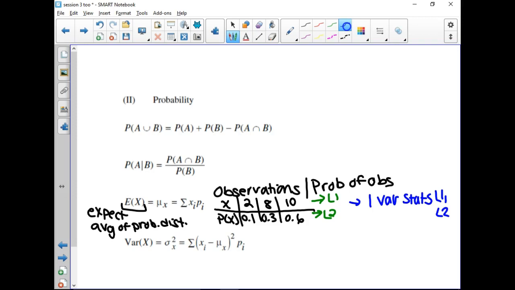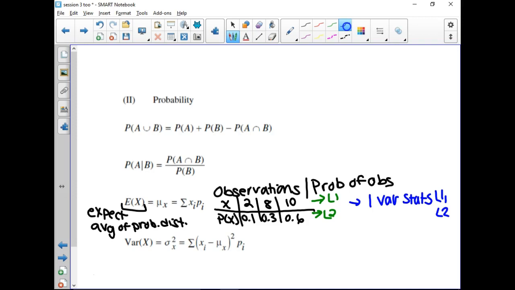Let's see what you guys have here. Go to calculate one variable stats, hit enter on one. So list would be L1, and frequency list you want L2. And the big thing is you want to clear that out after you do it, because you don't want to keep it on L2, or when you're doing one variable stats, it might keep doing that.